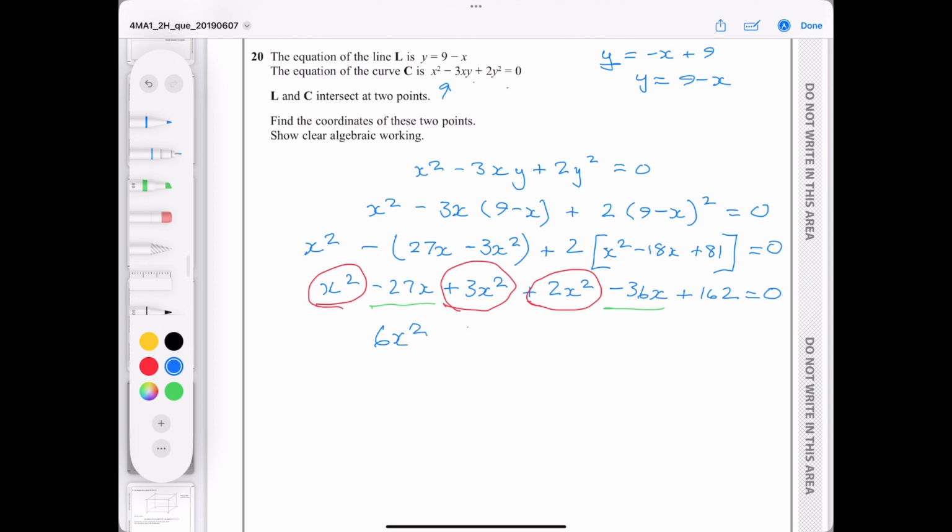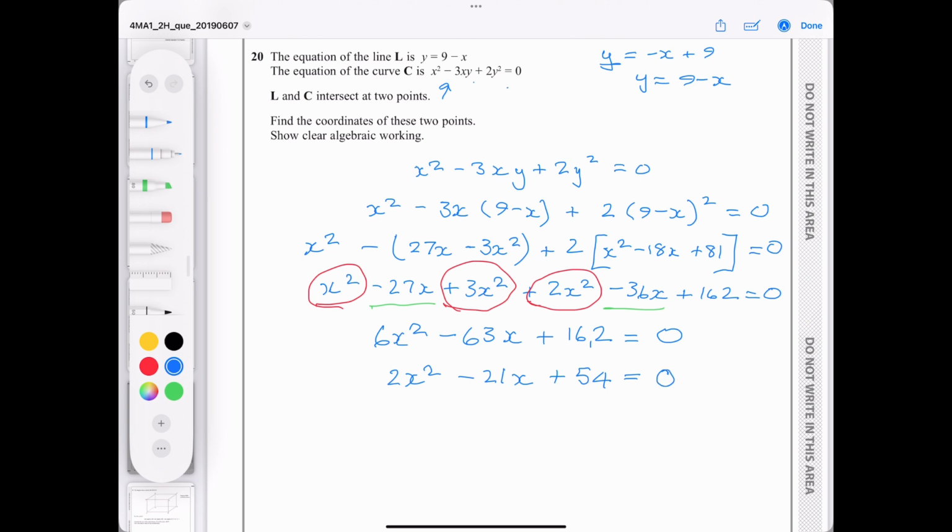And then 27 plus 36 is, I think that's going to be 63, so minus 63x, and then plus 162 equals 0. I can divide that by 3, I think. So I'm going to divide it by 3, so I get 2x squared minus 21x plus 54 equals 0.